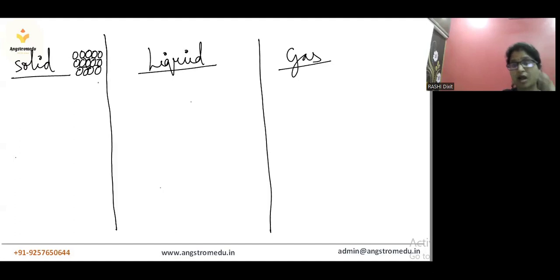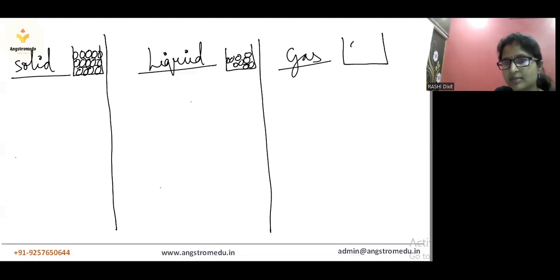The particles are very close to one another, having a fixed arrangement. Coming to liquids, they do not have any fixed arrangement, and instead the particles are random. But the particles do still touch each other. And when it comes to gases, the particles are far away from each other, having a lot of space between them.